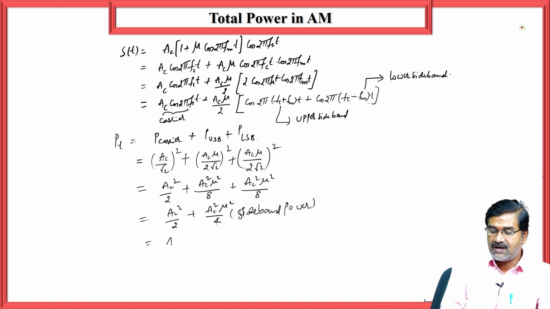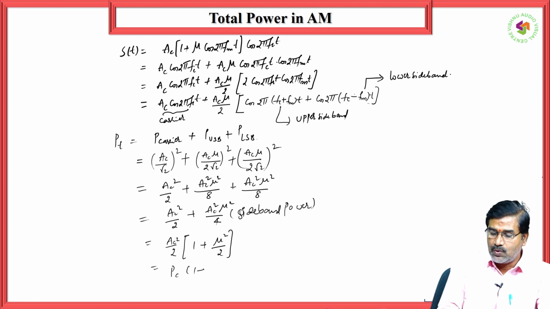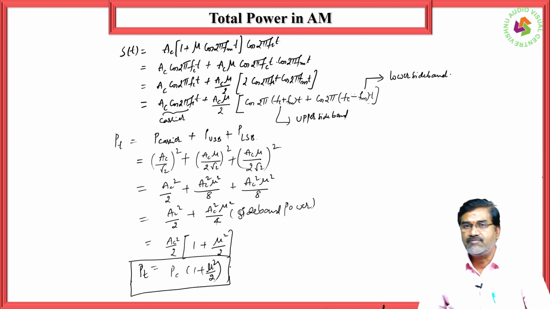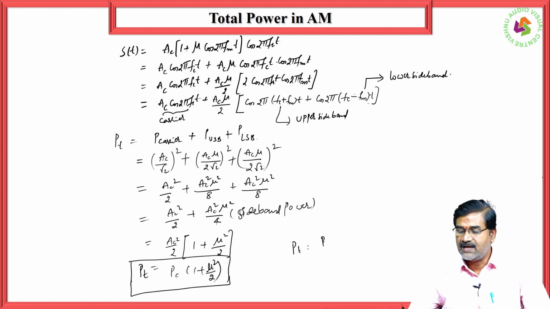Now if I take Ac square by 2 common from this, I can write 1 plus mu square by 2, or else I can write Pc into 1 plus mu square by 2. This is the total power contained in an AM signal. In this, the total power is equal to the carrier power plus sideband power.